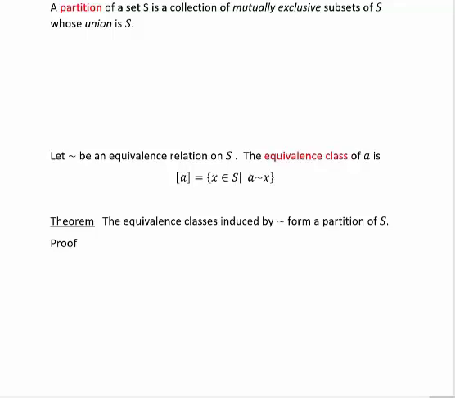A partition of a set S is a collection of mutually exclusive, meaning pairwise disjoint, meaning that if you take any pair of them and intersect, the intersection is empty, subsets of S whose union is all of S. So there are two properties of a partition. They are pairwise disjoint sets whose union is all of S.